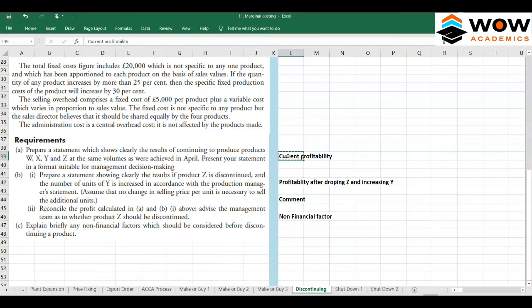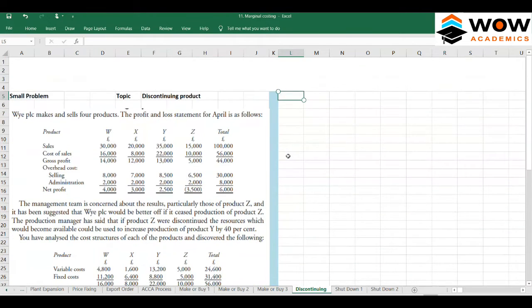So let's find out the current profitability. So we have the four products. Let's read the statement.